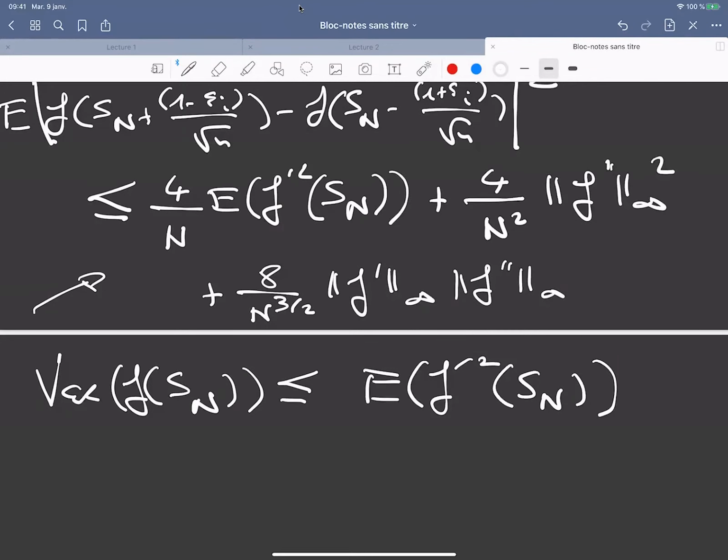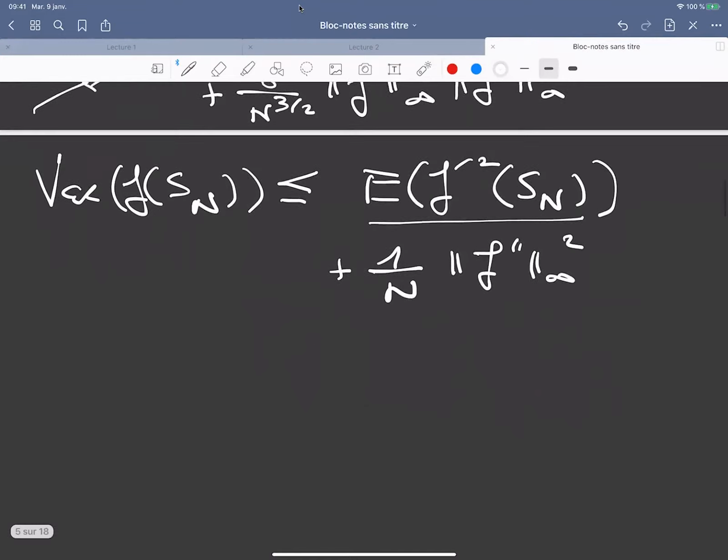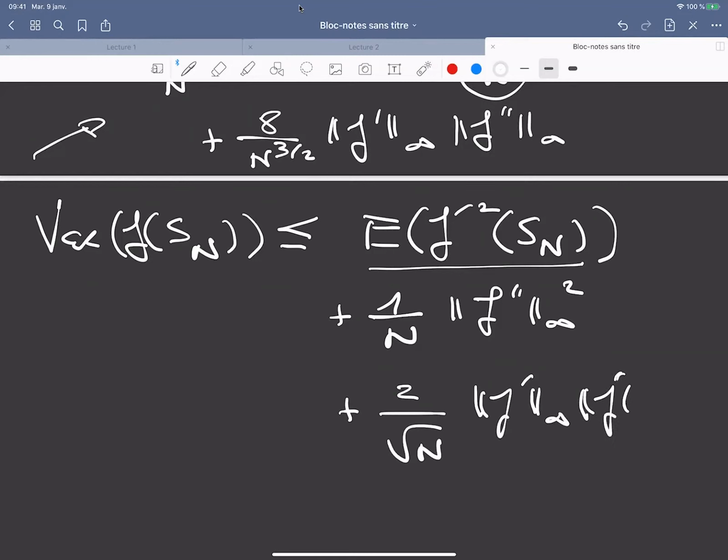So this gives you exactly this term, plus this term here multiplied by n over 4, that is 1 over n, f second infinite square, and plus this guy multiplied by n over 4, that is 2 over square root of n, the infinite norm of f prime times the infinite norm of f second.